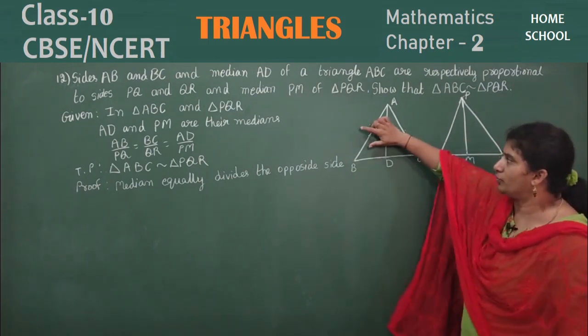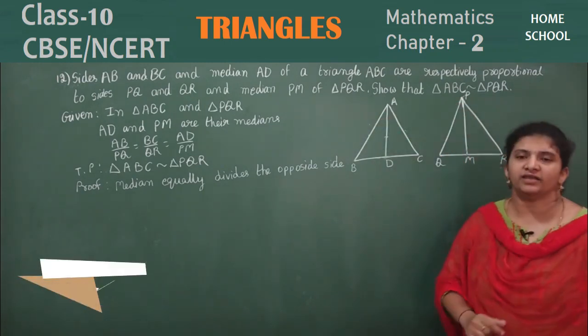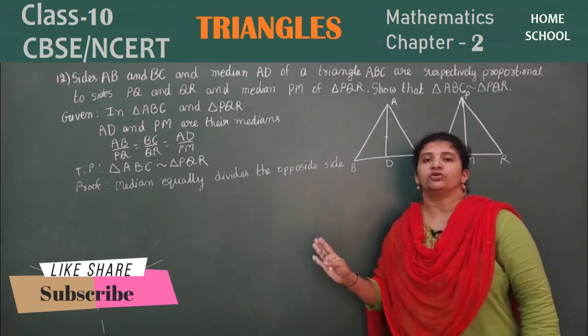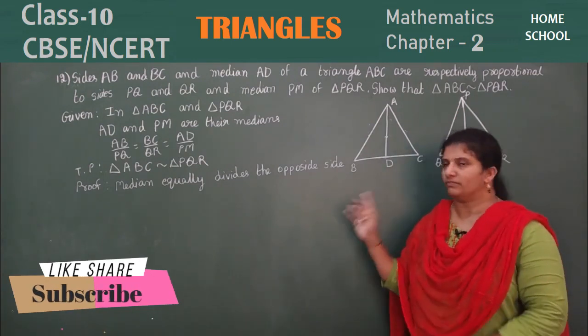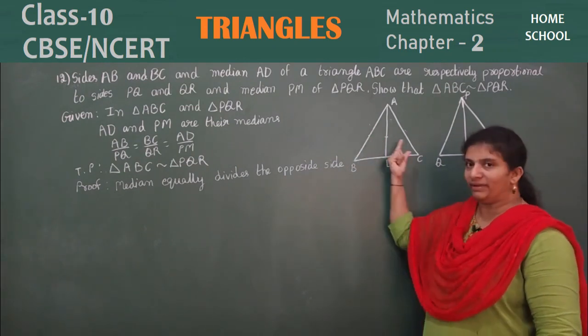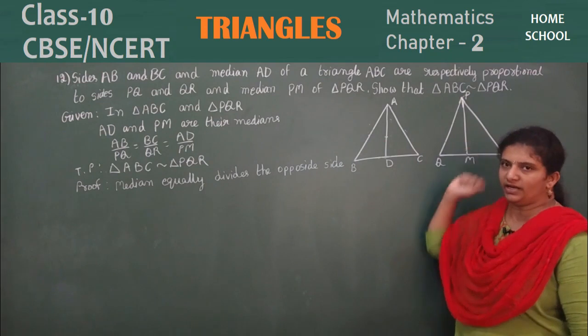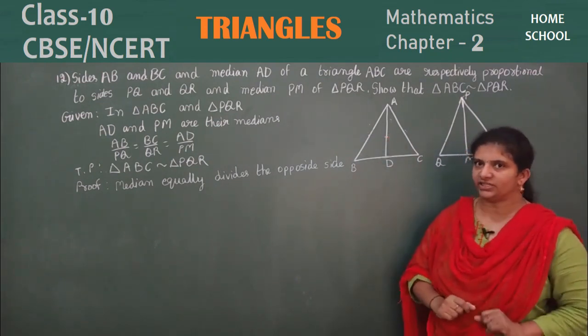So we need to prove that triangle ABC and triangle PQR are similar. I just want to give you a hint, children, how we are going to do the problem. We are going to take side, median, side, median. But I am going to take one triangle separately, children.